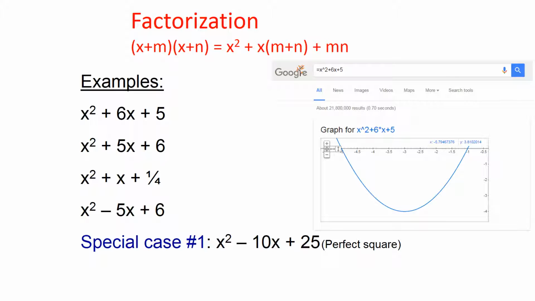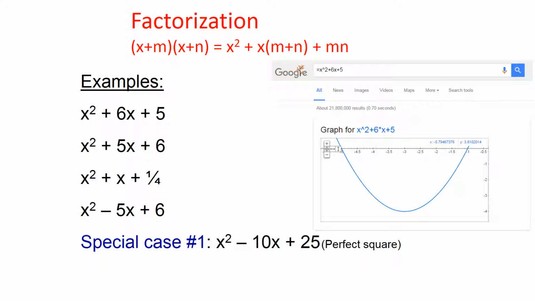So we need to think about, well, we've got something to go here and something to go here. And we know that that number, let's call that one n and that one m, when we times n and m together, we're going to get 25. So we need two numbers that times together to give 25, and when you add them together, you're going to get minus 10.